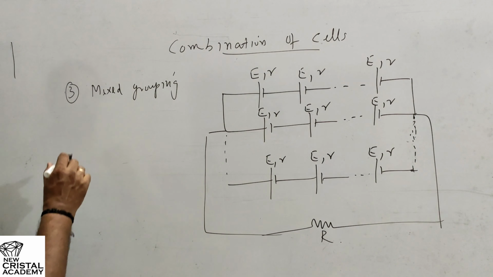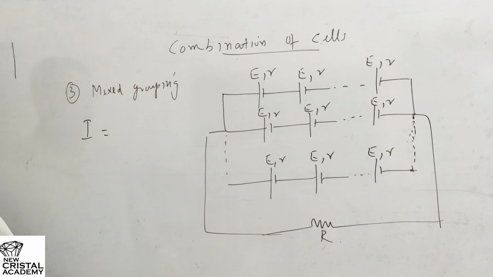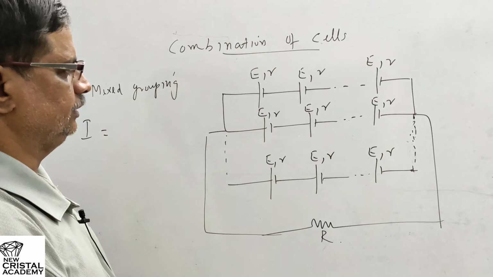Now what is the current drawn from such a combination? The EMF of a single cell is E, the EMF of n cells in series is nE, and whatever be the number of such cells in parallel, the EMF remains constant. So EMF of the combination is nE. Now divided by the effective resistance. In series combination the effective resistance will be nr.